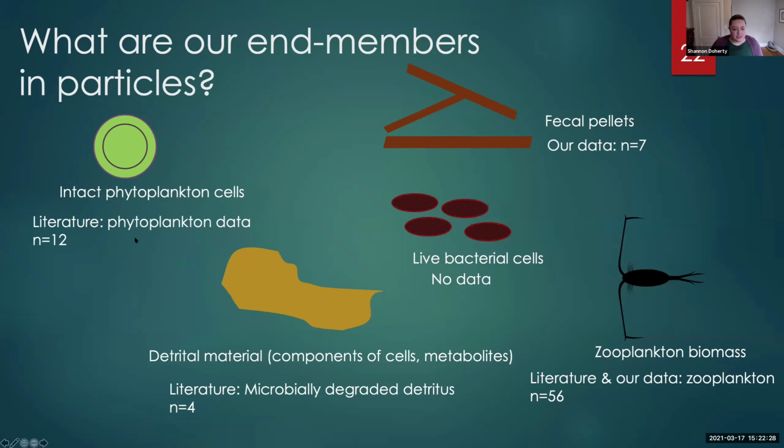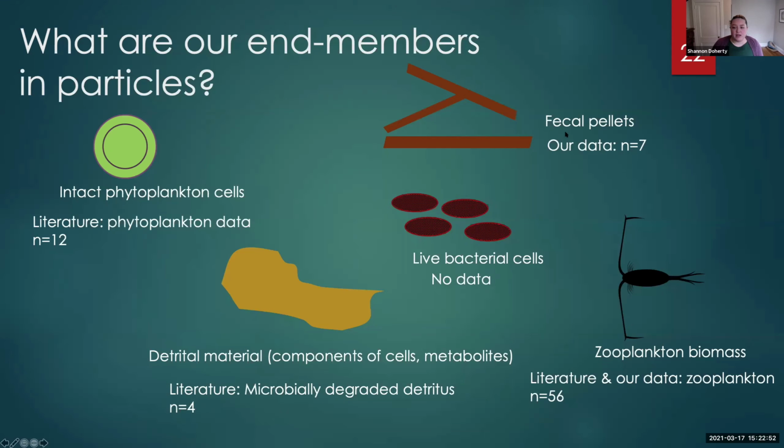So our literature data for phytoplankton, we have 12 samples of phytoplankton. Our microbially degraded detritus, we have 4 samples of microbially degraded detritus. So I'm going to highlight this as somewhere that we need to make more measurements as an isotope community. Similarly, live bacterial cells that we would find in organic matter, we have no data that overlapped with those.